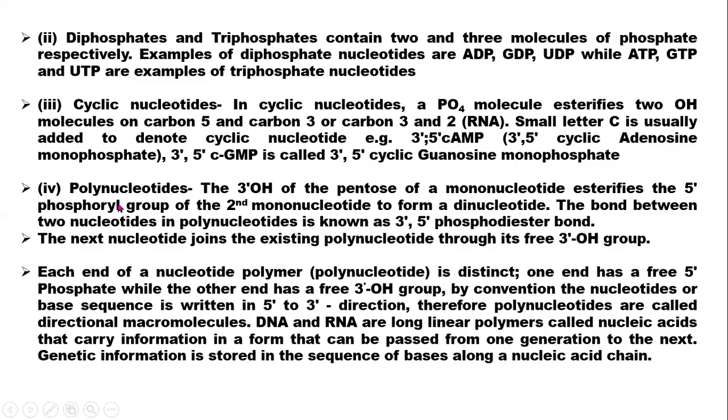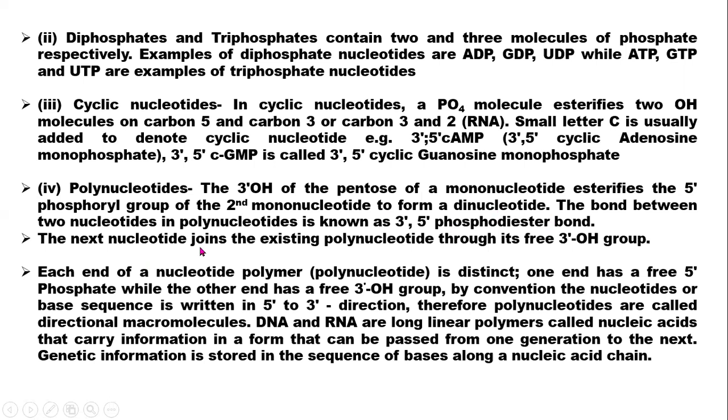And the fourth category are called polynucleotides. These polynucleotides are the DNA and the RNA. That is the polymer of the nucleotides. So here, the 3' OH of the pentose of a mononucleotide esterifies the 5' phosphoryl group of the second mononucleotide to form a dinucleotide.